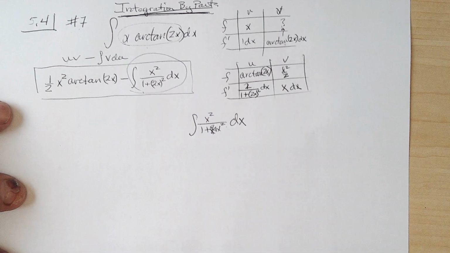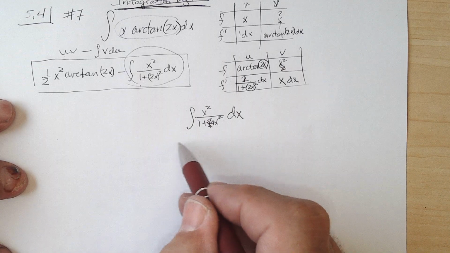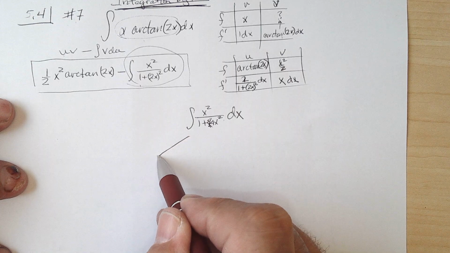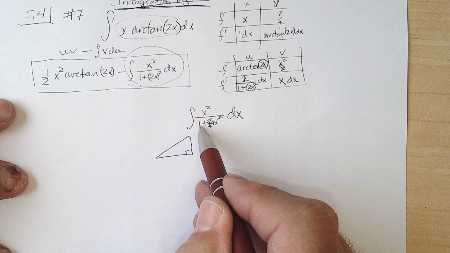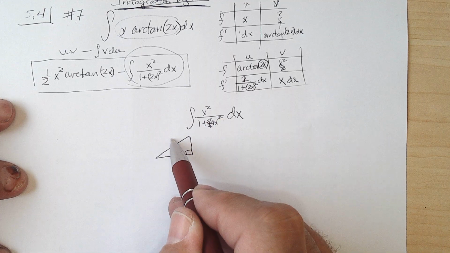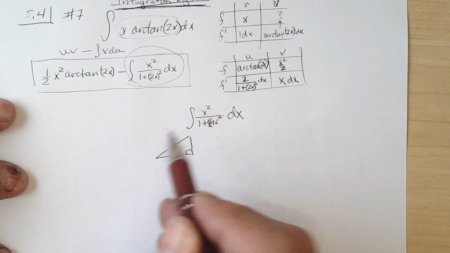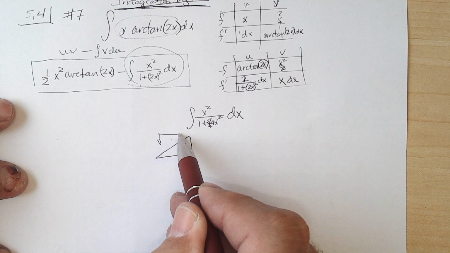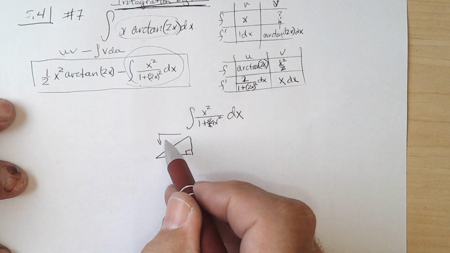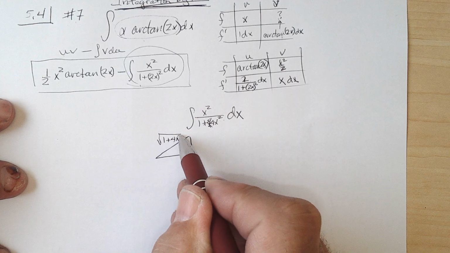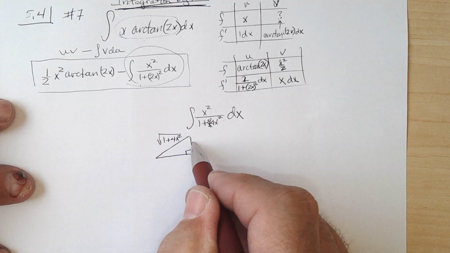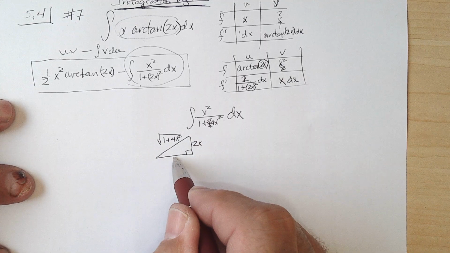And if I'm going to do trig sub on just that part, I'm going to make a triangle such that I get 1 plus 4x squared and added, and I can get that on the hypotenuse because addition always ends up on the hypotenuse, 1 plus 4x squared if I put like 2x here and 1 there.